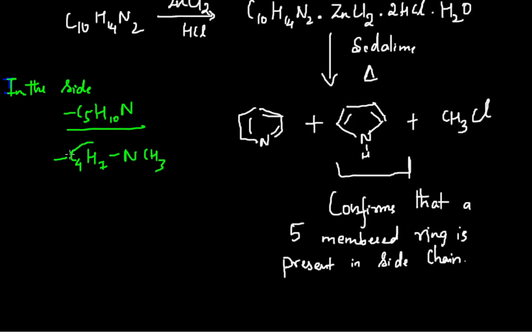So now, if this happens to be your pyrrole, which has been one of the products in zinc distillation decomposition, we are short of 4 hydrogens, right? So this is C4H3 and NCH3, right?